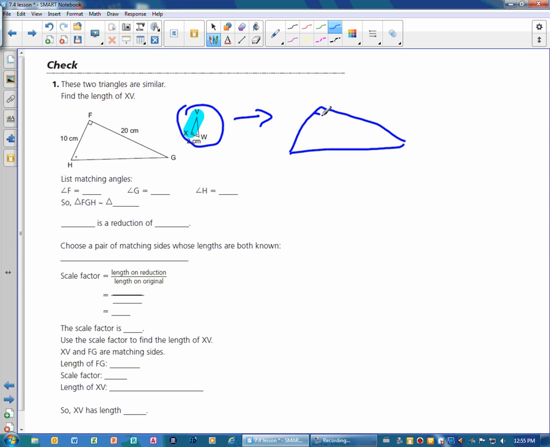There's my 90 degree. This is my dot. The 90 degree is X. The dot is W. And if XW is 2, what's left over is V.